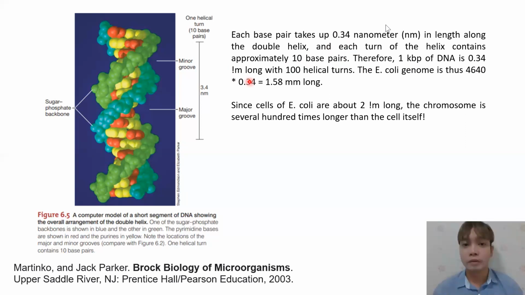So, therefore, meron kayong 100 helical turn. So, 1 kilobase pair or 1,000 base pair. Okay. So 1,000 ilang turn yun? 100. So 1,000, of course, divided by 10 is 100 helical turns.